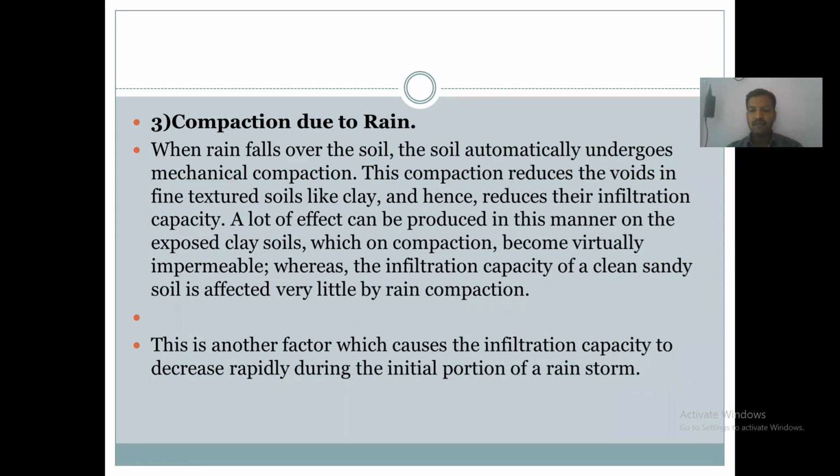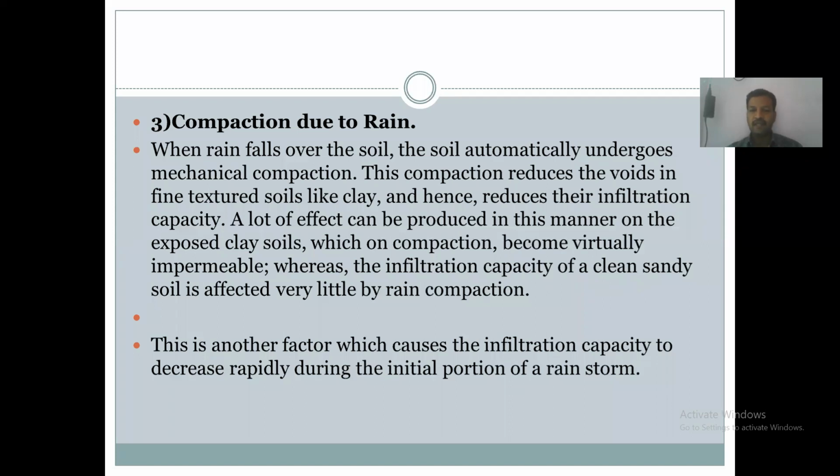So when rainfall occurs over the soil layer, it undergoes mechanical compaction. It will get compact. Due to this compaction, it reduces the voids in the fine texture soil.